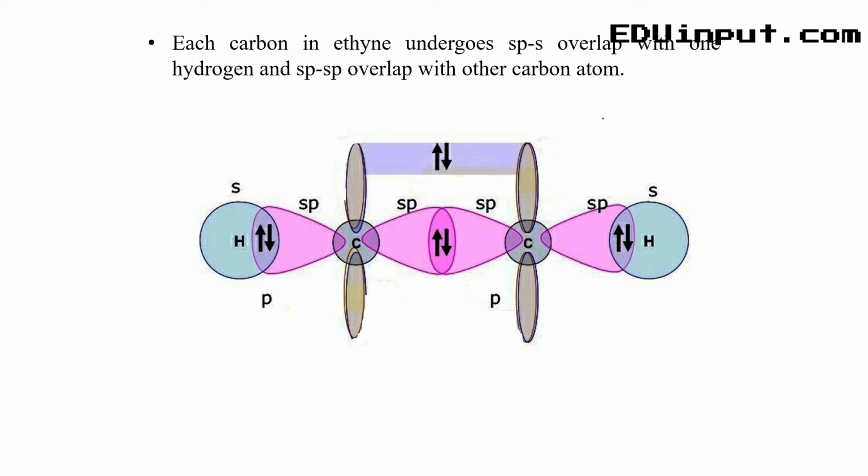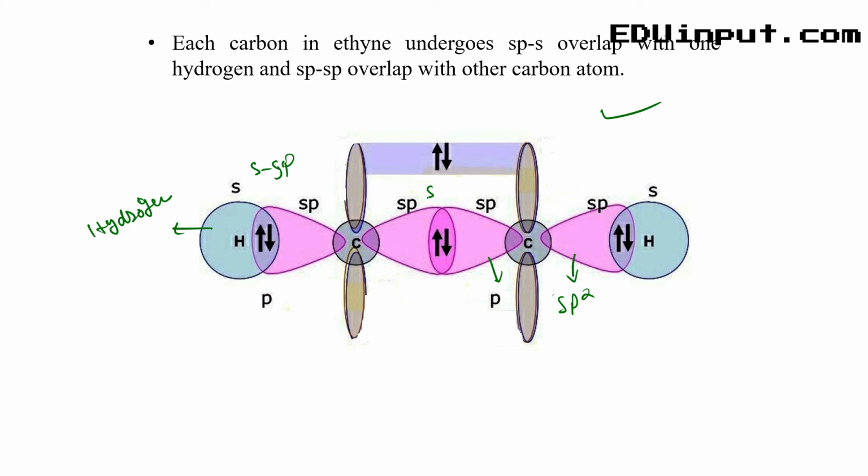So you can see the molecular orbital diagram. Each carbon undergoes sp-s overlap, because we can see these are the two sp hybridized orbitals, this one and this one, and you can see this is the hydrogen atom, hydrogen having one electron in s orbital, so the overlap is going to be s-sp.